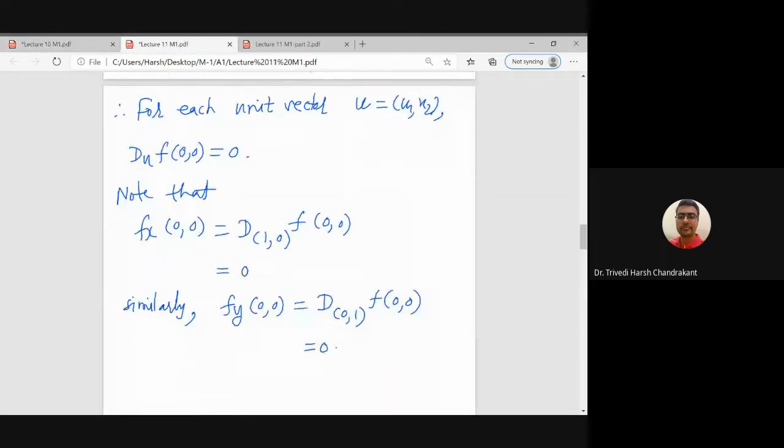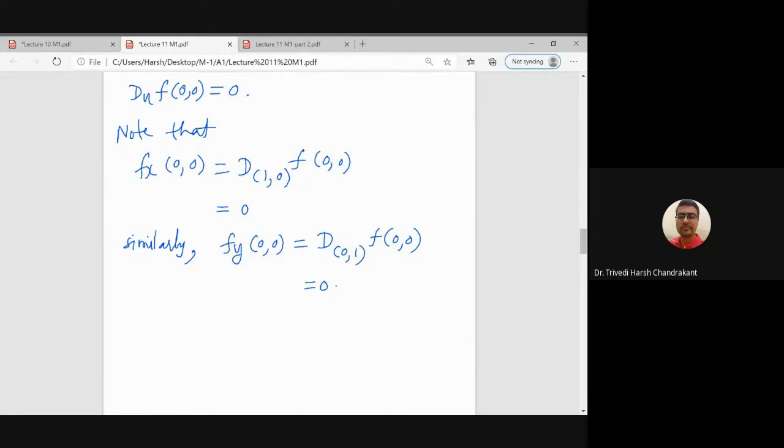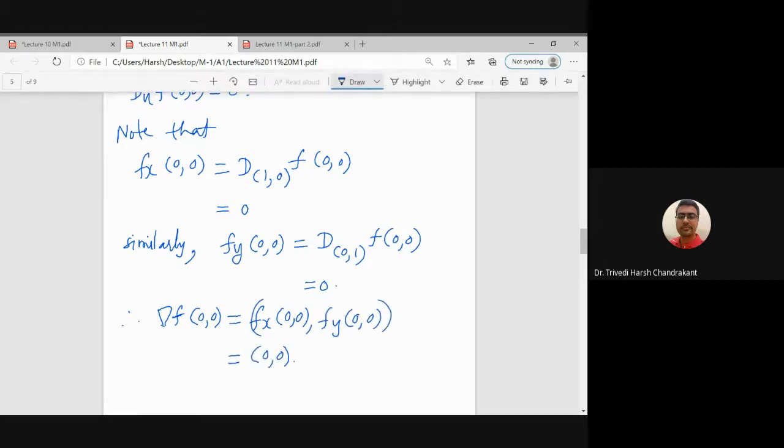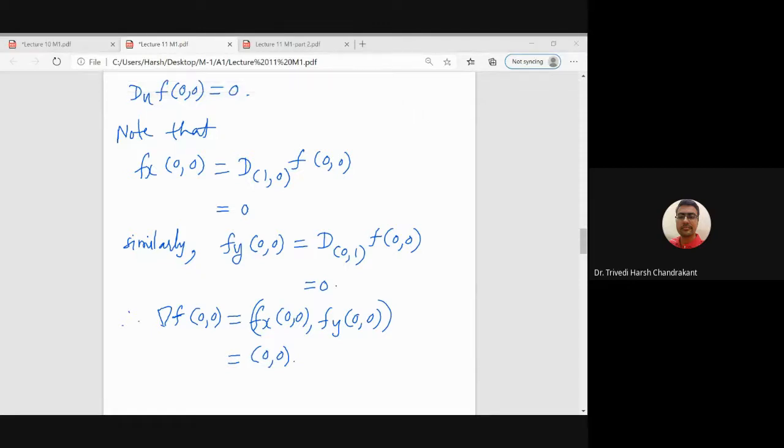So let us just note that. Therefore, the gradient of f at origin is nothing but fx at origin, fy at origin, and that turns out to be (0, 0), right?